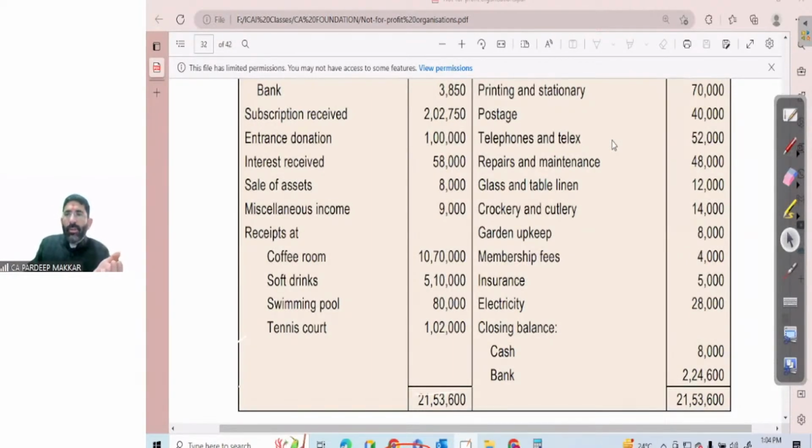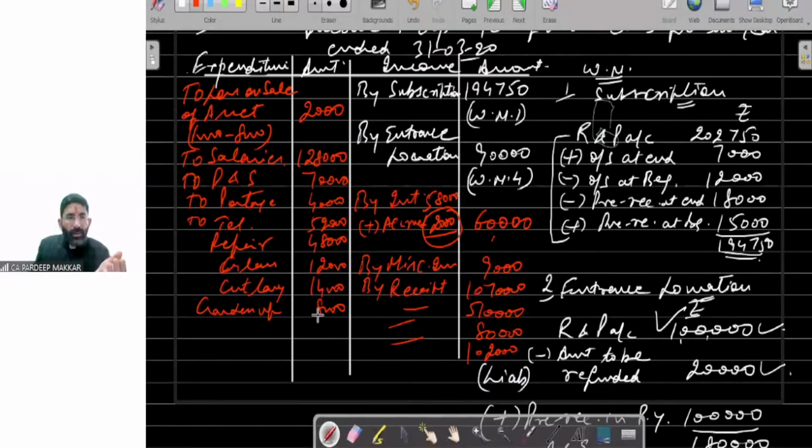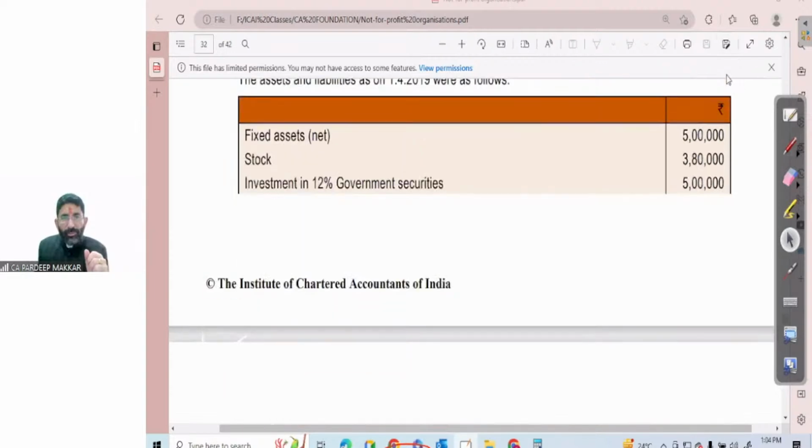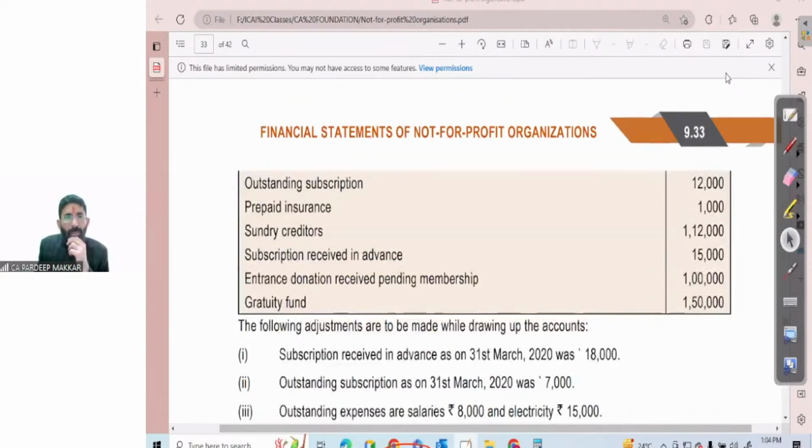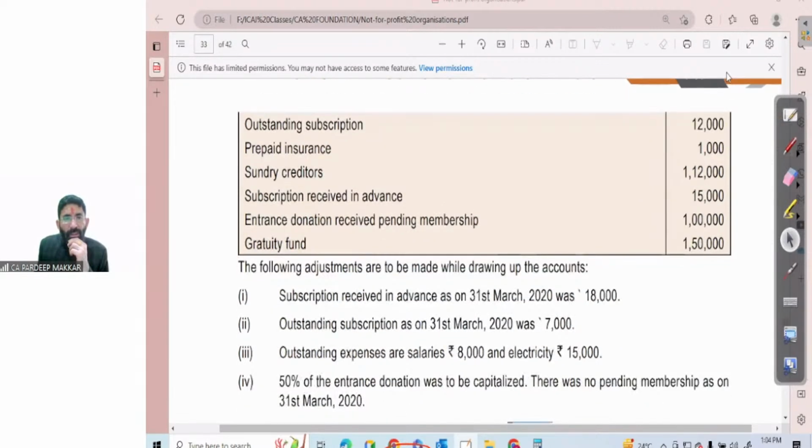Insurance 5,000 is given to you. How much insurance will be entered? Tell me how much is the amount of insurance. There is an adjustment for insurance given to you, because prepaid insurance 1,000 at the opening is given.